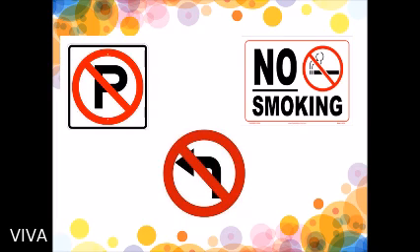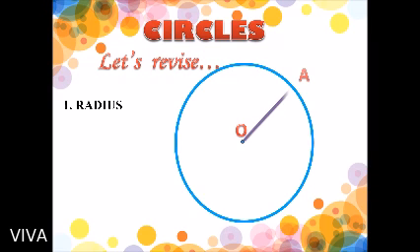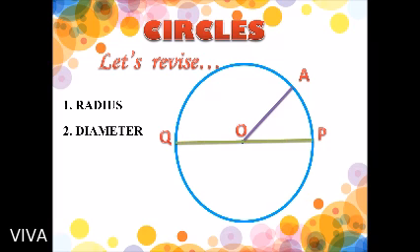Till now, we have seen the radius, which is a line segment from the center of the circle to any point on the circle. The diameter, which is a line segment passing through the center of the circle whose endpoints lie on the circle.